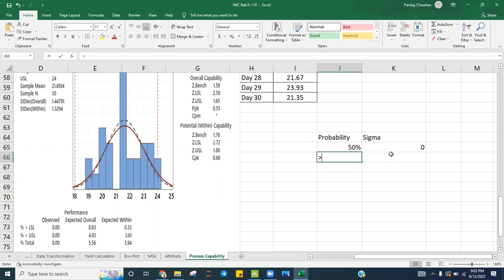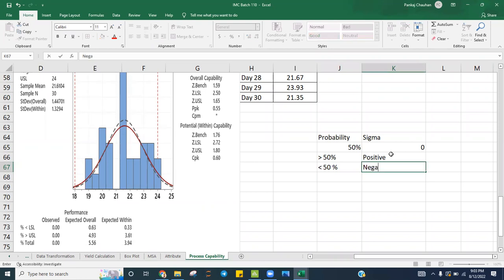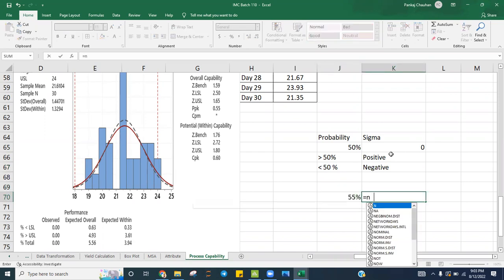If your probability is more than 50%, then sigma is positive. And if your probability is less than 50%, then sigma is negative. So here is your probability. If I say this is 55%, so what is the sigma?